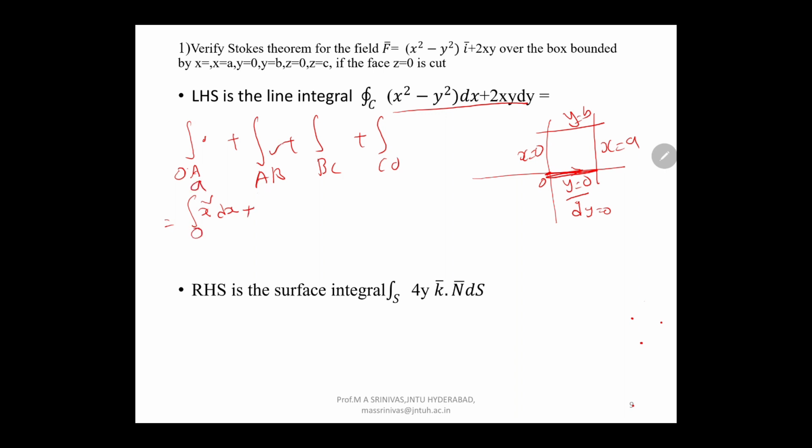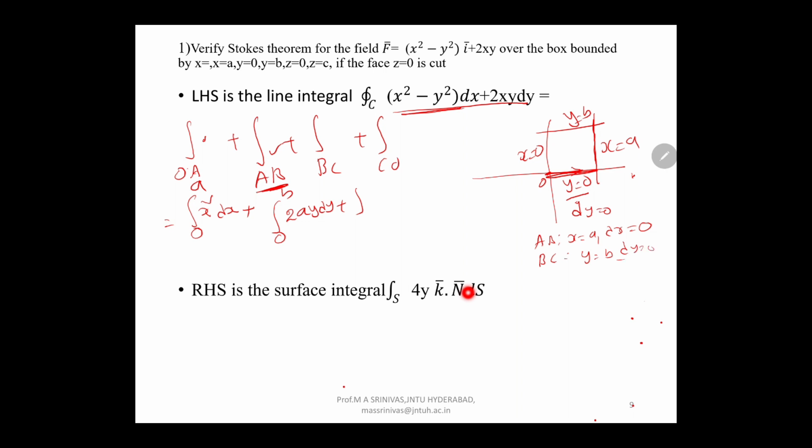Next, along AB, x is a and dx is 0. So dx is 0, the first part will go out, only the second one is the integral, where along this y varies from 0 to b, and 2x, with x value a, that means 2a y dy, plus along BC, my y value is b and dy value is 0.